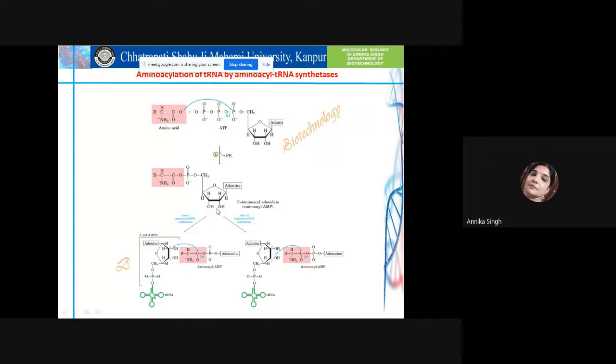So in the second step, the amino acyl group from this amino acyl adenylate is transferred to its corresponding specific transfer RNA. And this second step depends on the class to which the enzyme belongs. So here, different mechanisms for different classes have been depicted. So first we will take the class 1 amino acyl transfer RNA synthetase enzyme mechanism.